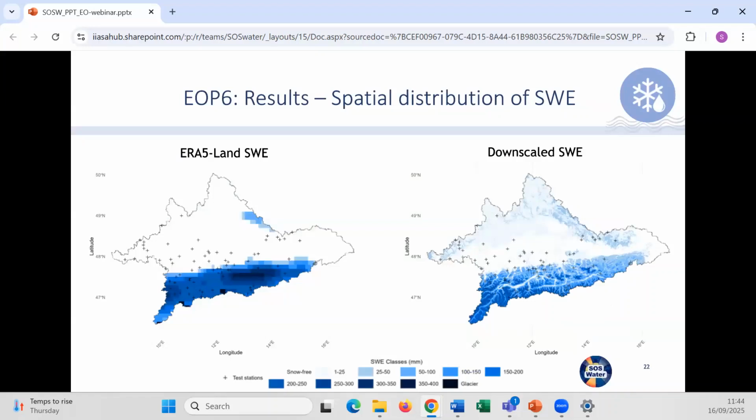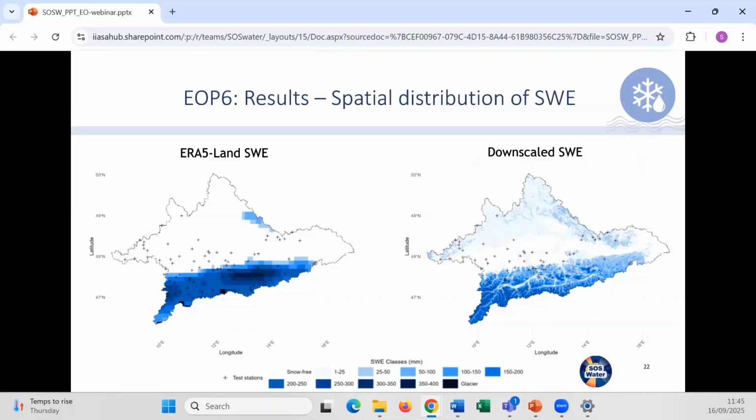And here are some results of the Earth observation prototype. This slide shows the spatial distribution of snow water equivalent over the Upper Danube. On the left, you see the original native 9-kilometer resolution snow water equivalent data, and on the right, the downscaled data with a resolution of 500 meters.